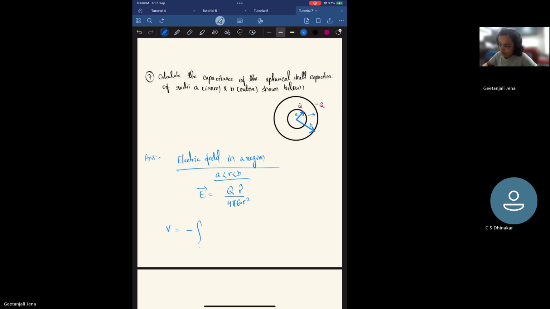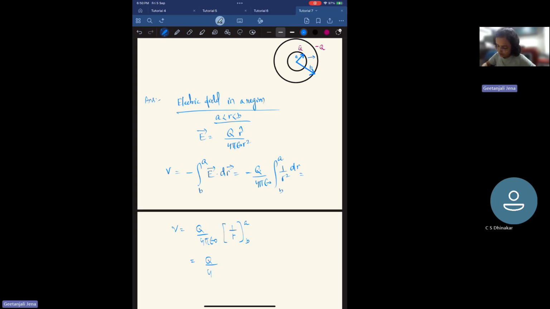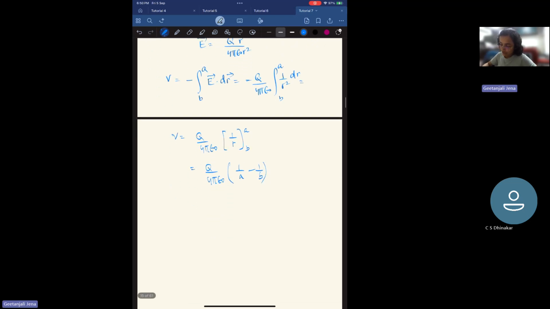This will be the integral from B to A of E dot dl, or dr. So Q by 4 pi epsilon naught, 1 by r squared dr. This will give V as Q by 4 pi epsilon naught, 1 by r from B to A. So it is Q by 4 pi epsilon naught, 1 by A minus 1 by B. This is the potential difference.